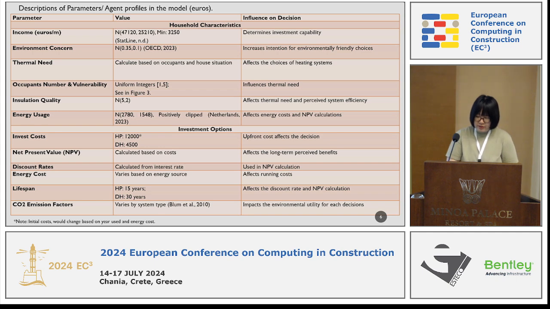Energy usage patterns and investment cost for different heating options significantly impact the net present value and the long-term benefits perceived by households, which is the economic aspect. By simulating these parameters, the model captures the diverse decision-making processes and preferences of households.